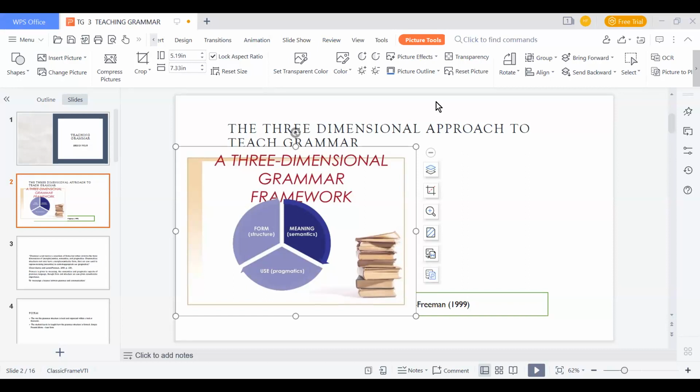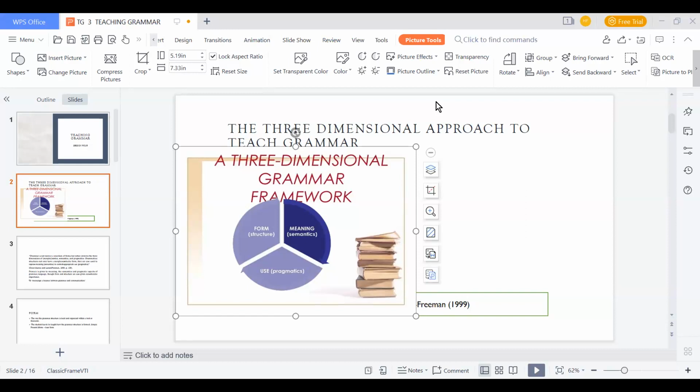So this three-dimensional grammar framework by Celce-Murcia and Larsen-Freeman, okay, they actually focus on these three dimensions or the three components, and they want you to give equal weightage to all the three as it's shown in this figure or the diagram, okay? So let's see how we can do that.